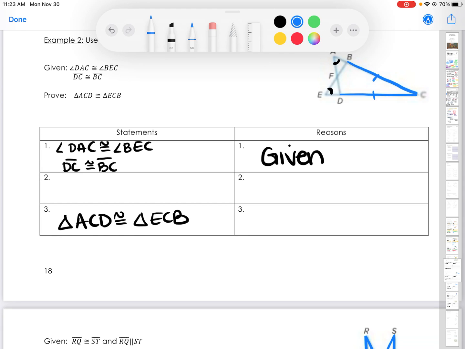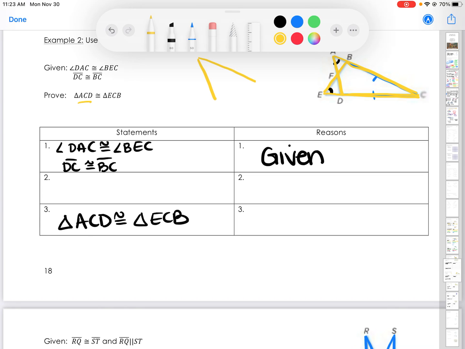Okay, so what would be useful at this point, since there's a few different triangles we can look at, is to go to what we want to prove. We want to prove that ACD is congruent to EBC, or ECB, sorry, ECB. So it might even be helpful to redraw these.